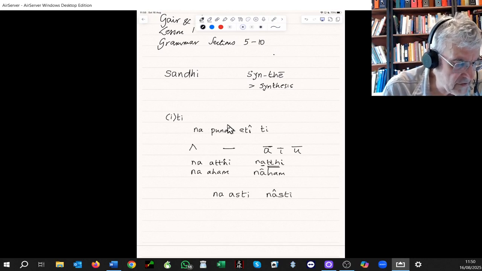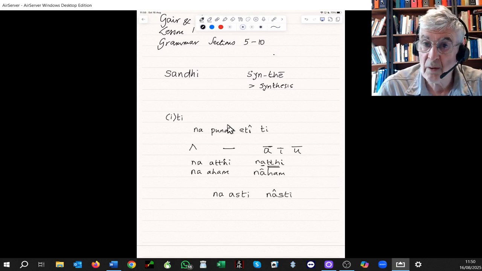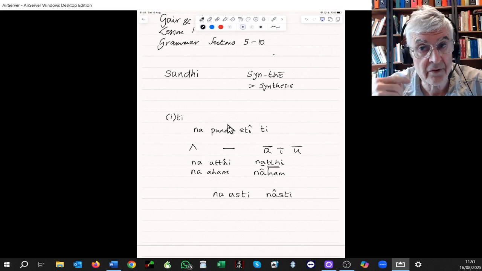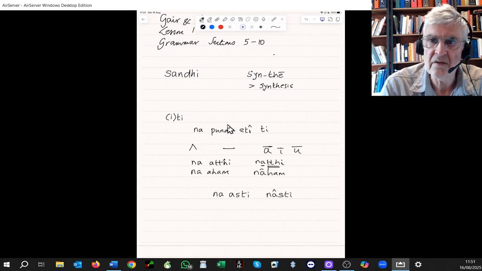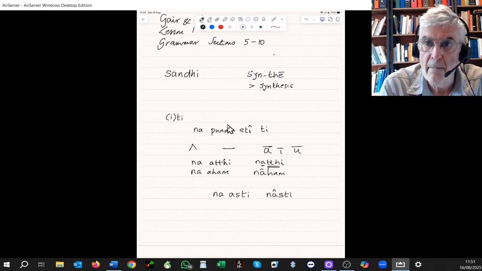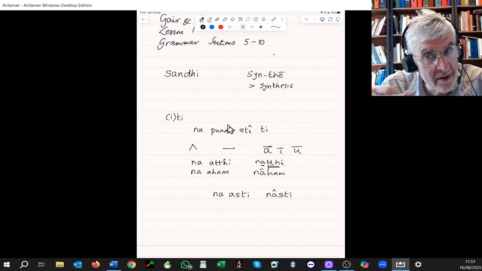Now the third rule of Sandhi given here under 5.3: when a nasal precedes another consonant. A nasal is just anything that's pronounced with the mouth closed, where the air is coming through the nose only, but with lips closed. And the nasals are... So there, no air is coming out of the mouth, the air is coming out of the nose only.